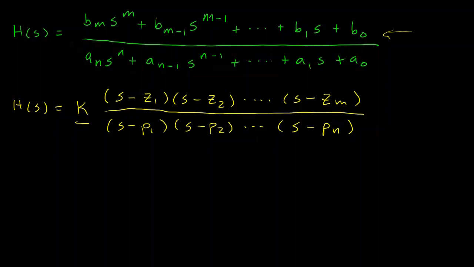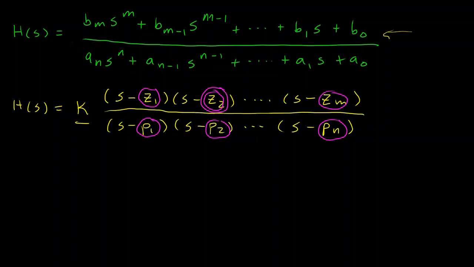Now, something important to understand here in terms of these factorizations is that the z sub i terms in the numerator do not have to be real valued, nor do the p sub i terms. That means the poles and zeros themselves are not necessarily real valued, even if the coefficients, the a's and b's, are real valued. But what will happen is, let's suppose that z2 is a complex zero for our transfer function.